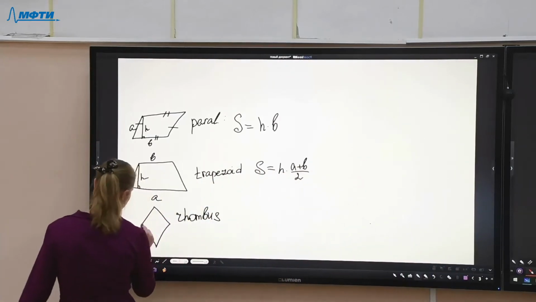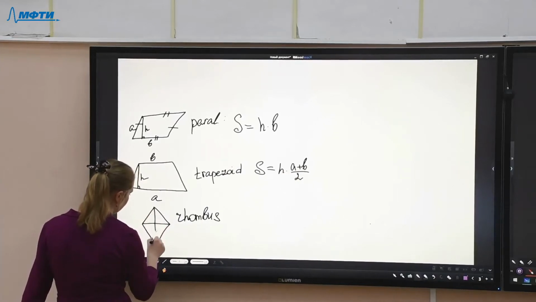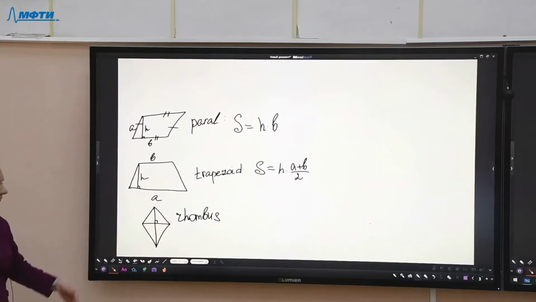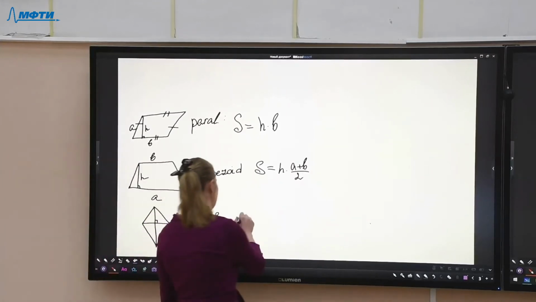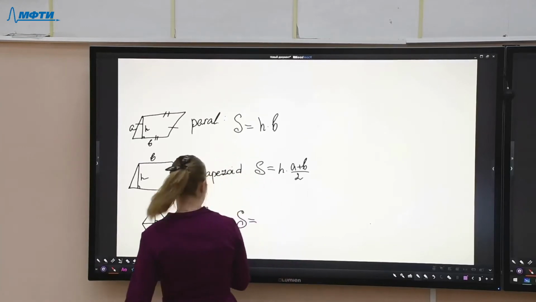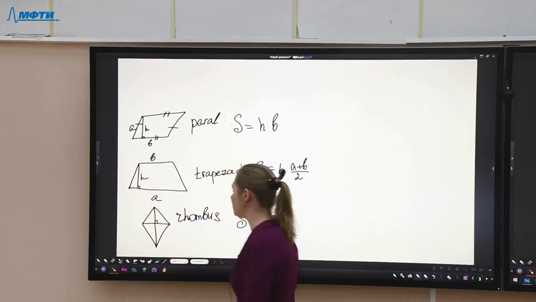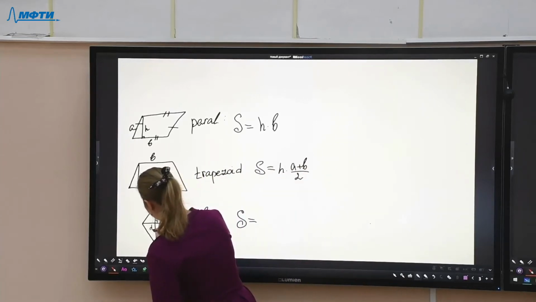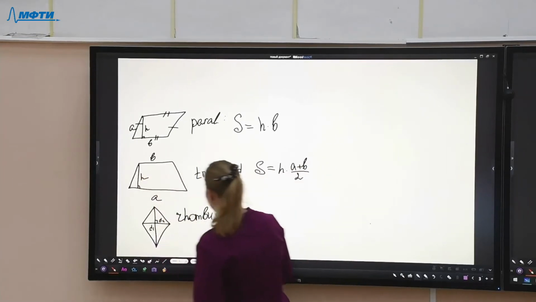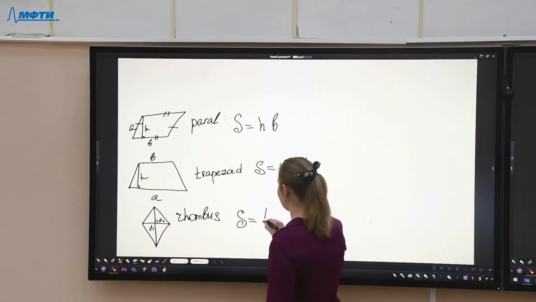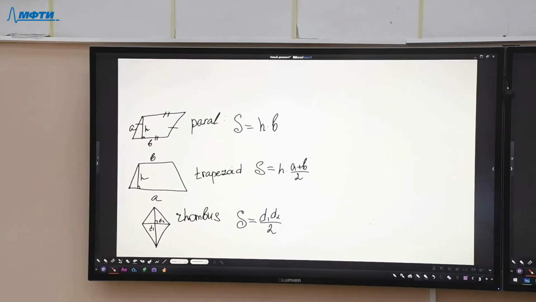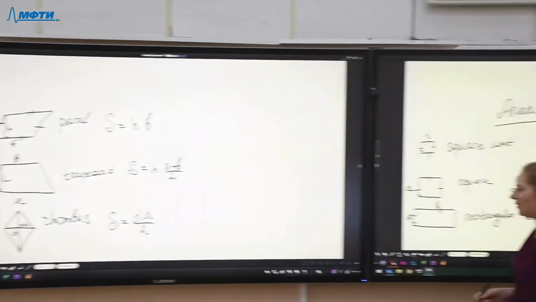But we can use the fact that two diagonals of a rhombus are perpendicular. So we can say that if D1 and D2 are two diagonals of our rhombus, an area of a rhombus is D1 times D2 over 2. And again, a square is a particular case of a rhombus, so we can use this formula for a square.